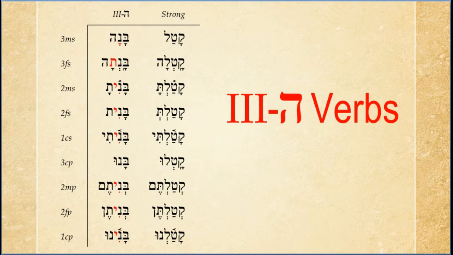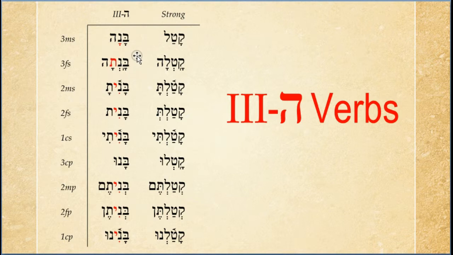Now, first thing you notice right away is, once again, the vowels. You have the kamatz rather than kamatz patach. That's because the verb is already weak, and this is a third position weak verb. So that's normal. But notice what happens with the hey.